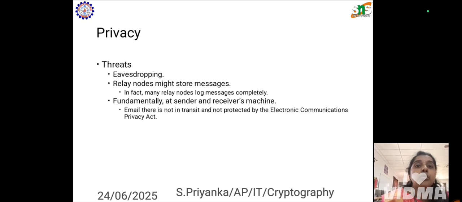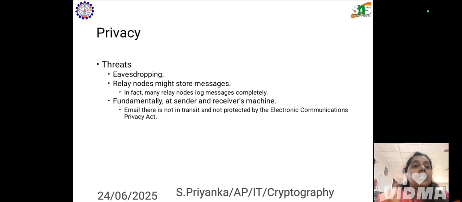Here let's see about privacy. Privacy mainly concerns threats. Threats means eavesdropping, where relay nodes might store messages. In fact, many relay nodes log messages completely.